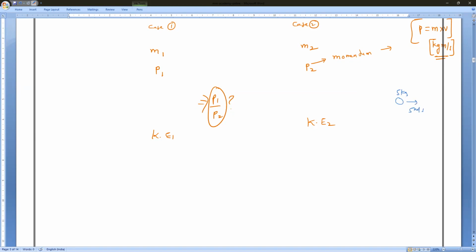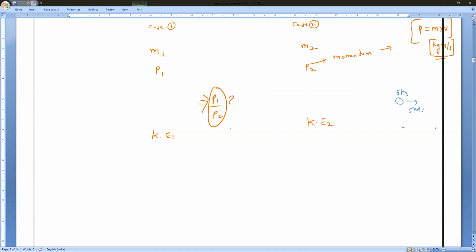Another body with a different mass and different velocity can still maintain the same kinetic energy. So same kinetic energy doesn't mean the same velocity, because the mass is not equal. That is very important.